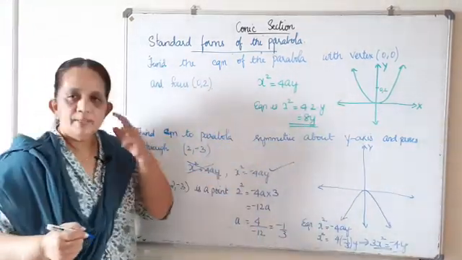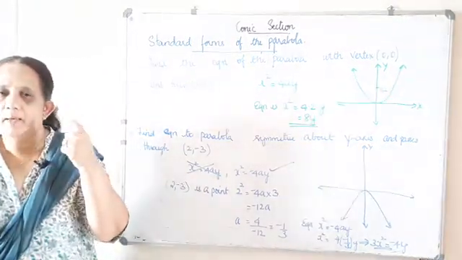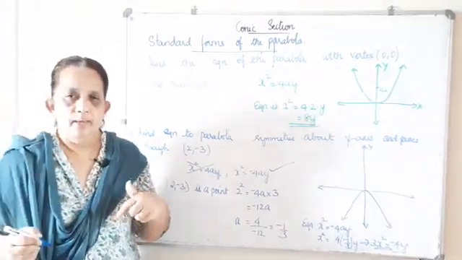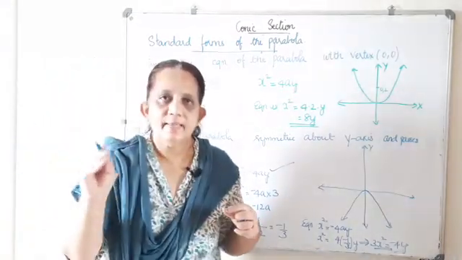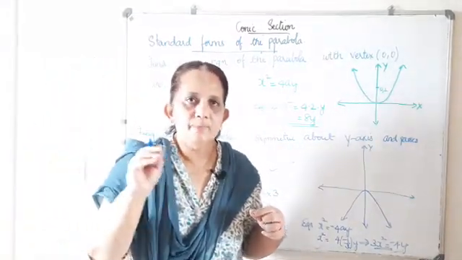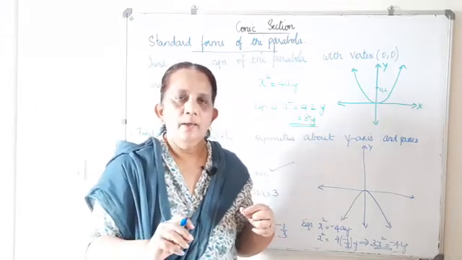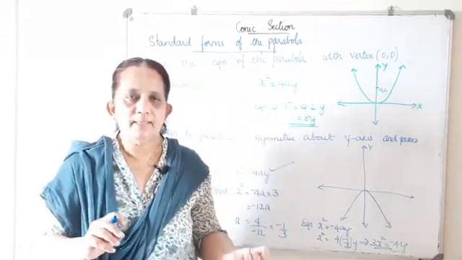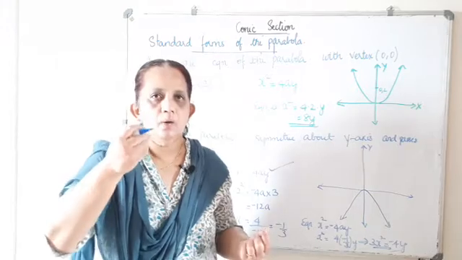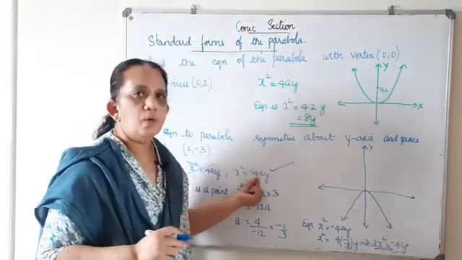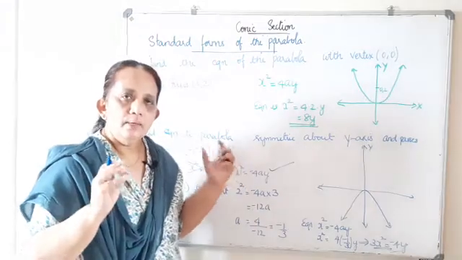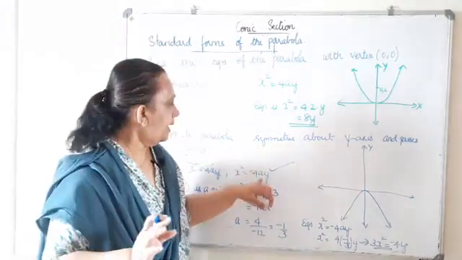This 4 is always a constant. This a can be positive or negative, because a is the focus and focus lies on the positive or negative x-axis, or positive or negative y-axis. So a can be positive or negative. 4 is always a constant. 4 is positive. But this a changes.